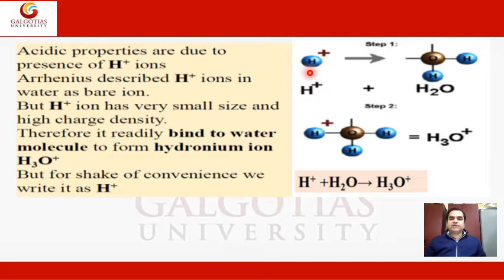But H+ ions have a very small size and a high charge density. Therefore, they can readily bind to a water molecule and form the H3O+ ion, which is referred to as the hydronium ion. But for the sake of convenience, we can write it as the H+ ion.